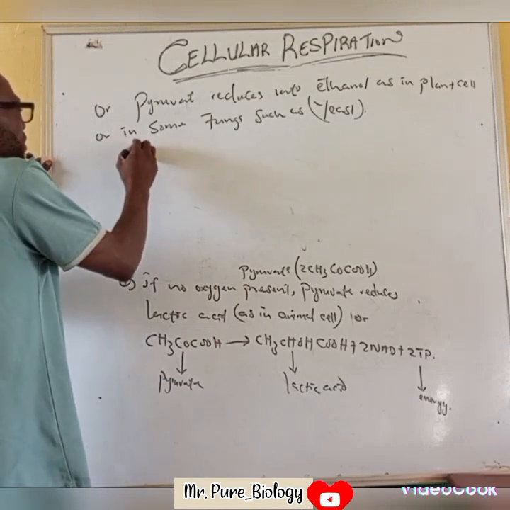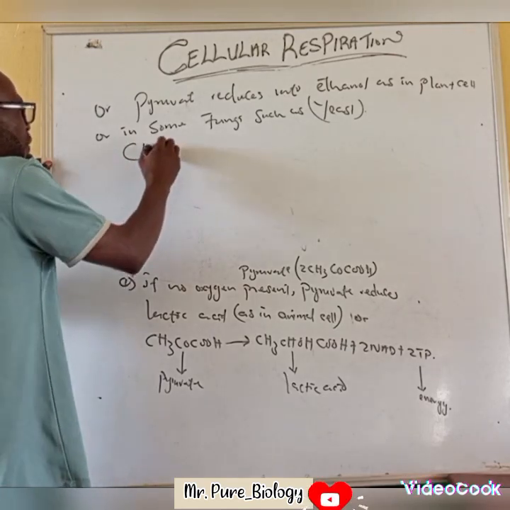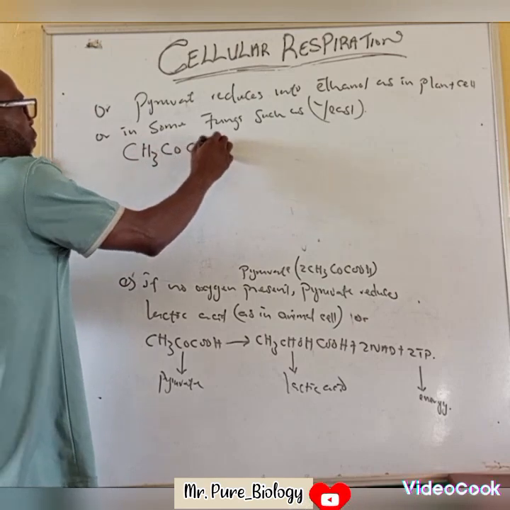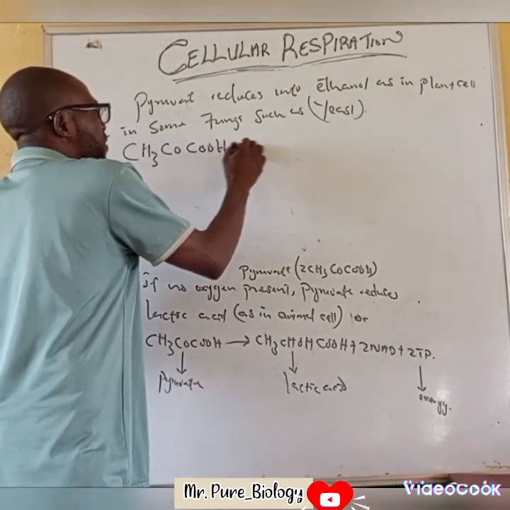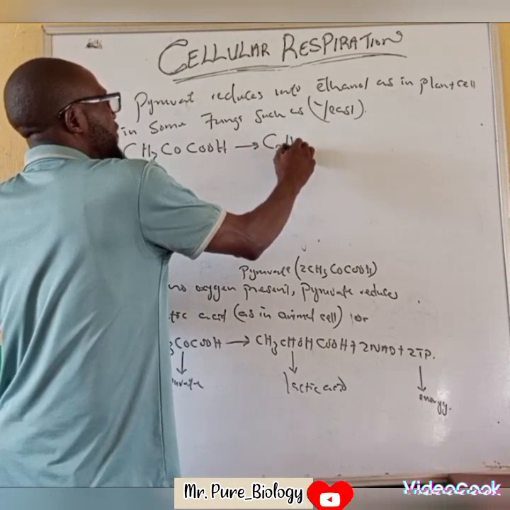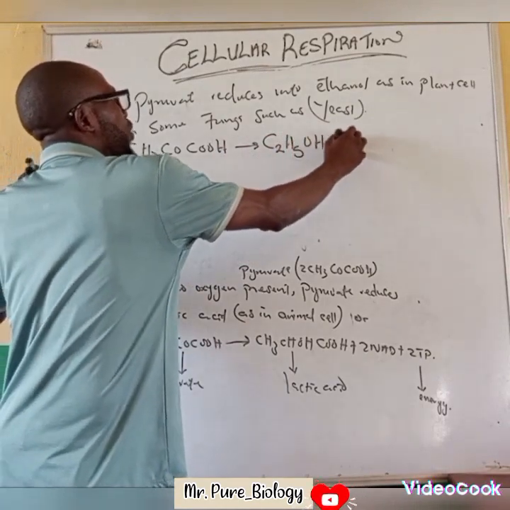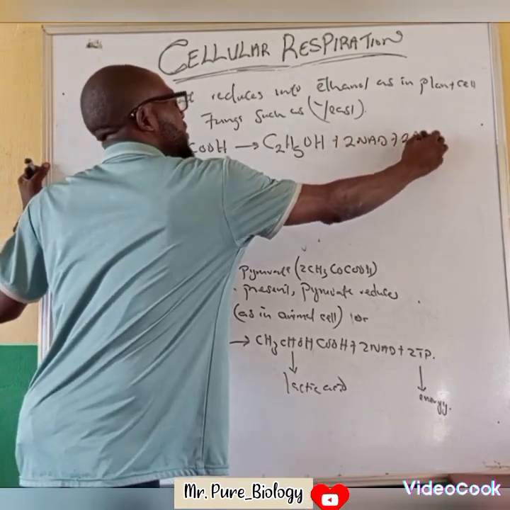Let's give the equation. The equation will be CH3COCOOH, as pyruvate. Pyruvate will now reduce to ethanol, C2H5OH, plus 2NAD, plus 2ATP.